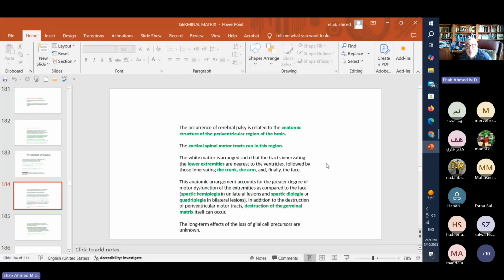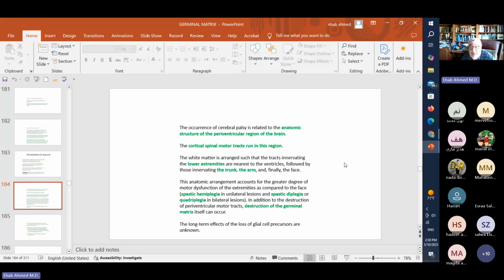And what kind of neurodevelopmental delay do we expect? It depends on the anatomic structures of the periventricular region. The corticospinal motor tracts run in this region. Okay, so there is initially the lower extremities, and then the trunk and the arm. That's why usually the lower limbs are more affected.